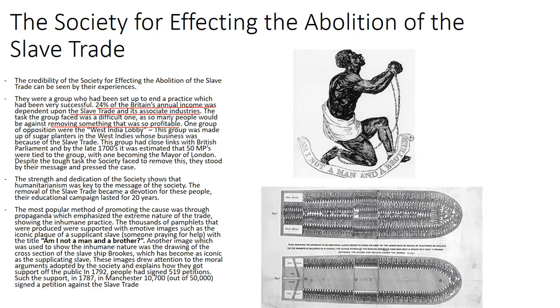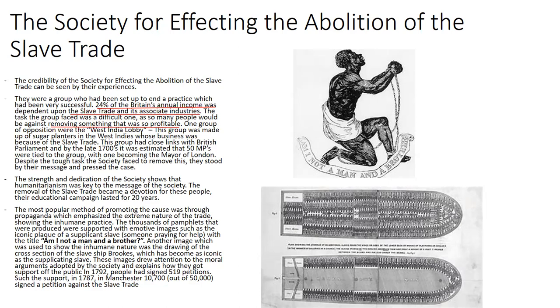Now, it wasn't just this, but there were also links with the MPs in Britain. This group, the West India Lobby, actually had close relationships with British Parliament, and by the late 1700s, it was said that 50 MPs were tied to the group.